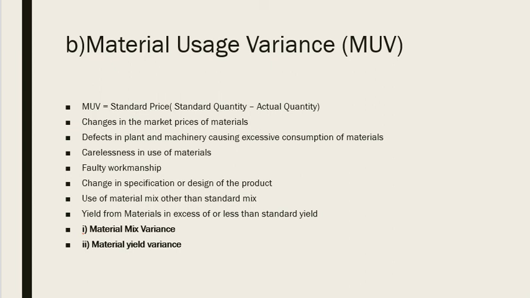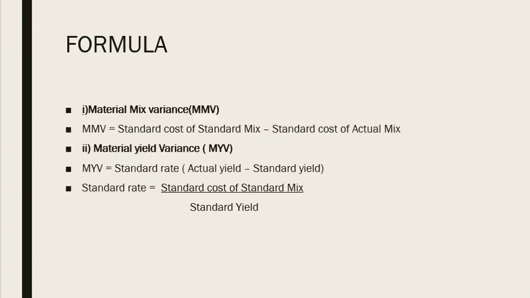So now let us get into the formula of material mix variance and material yield variance. Your material mix variance is equal to standard cost of standard mix minus standard cost of actual mix.